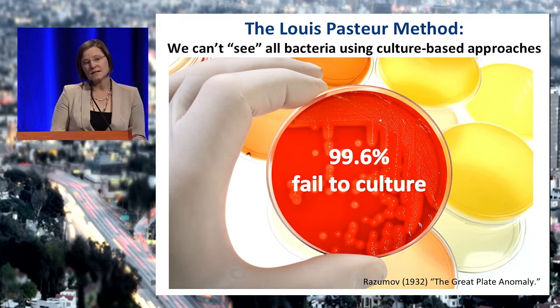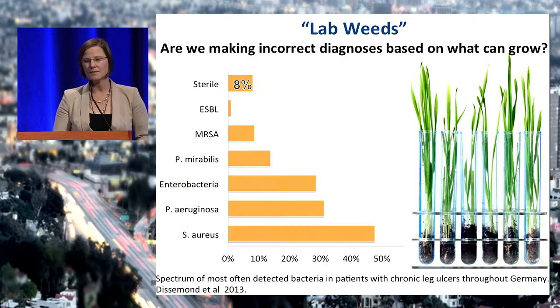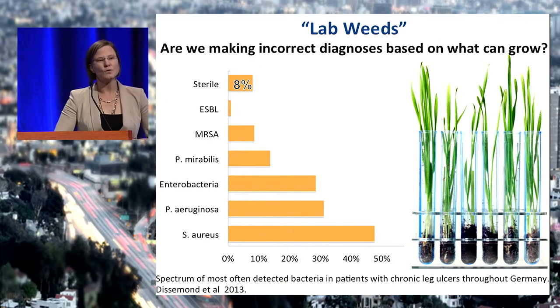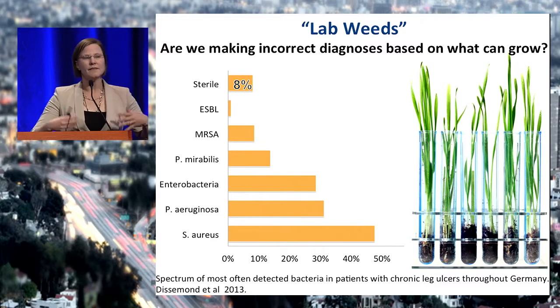So these might not in fact be the most abundant organisms, but instead I would call them the lab weeds, really the ones that grow well given the type of media and circumstances within the microbiology labs that help them to grow.